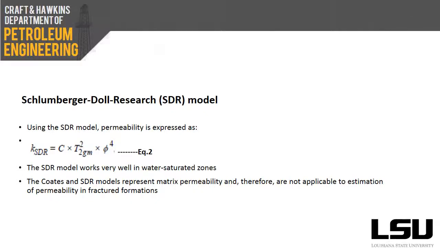NMR has a long history to measure porosity that is independent of mineralogy. It can also provide information on irreducible water saturation. Depending on the tool and the mode of operation, the type of the fluid in the formation can be indicated, whether it's gas, oil, or water.